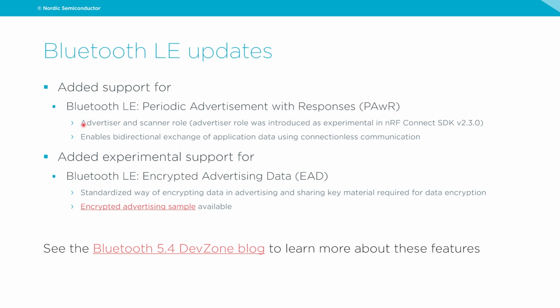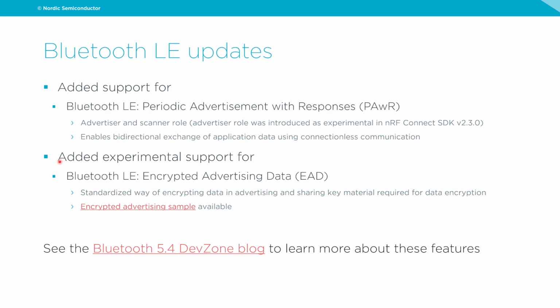Now we have support for both advertiser and scanner role, so we have the fully featured implementation. What this feature brings is bidirectional exchange of application data using connectionless communication. This is not something that was possible before this feature was introduced. If you wanted bidirectional application data exchange, you would have to use an LE connection.